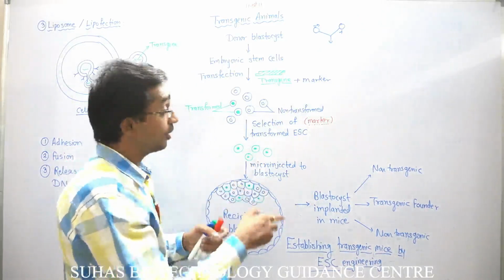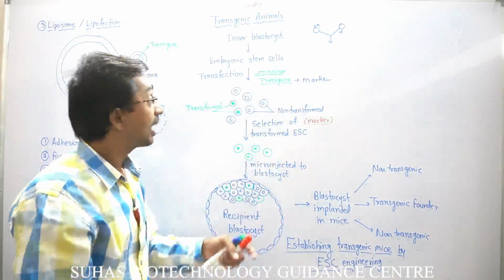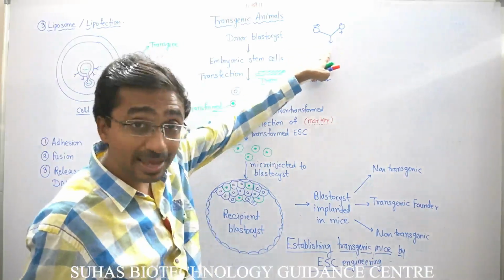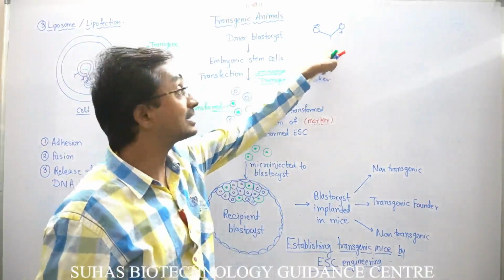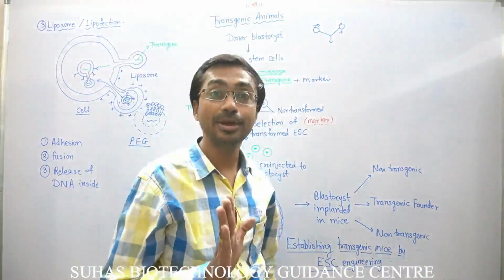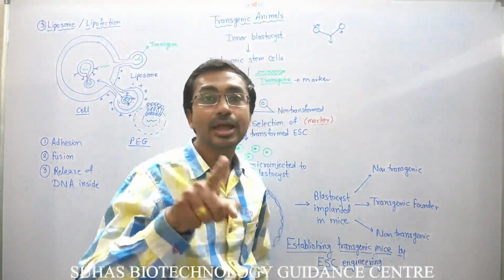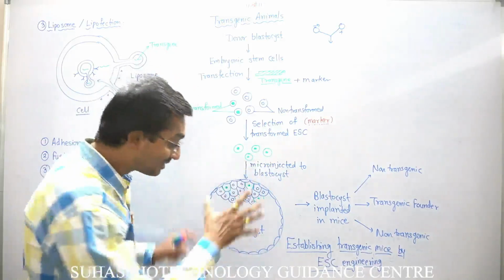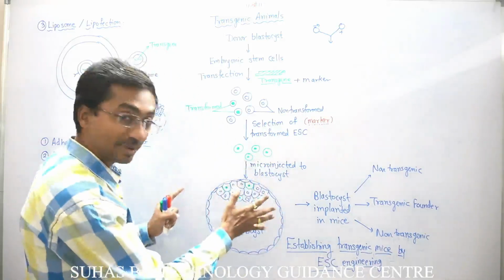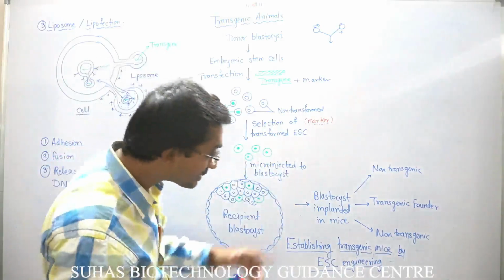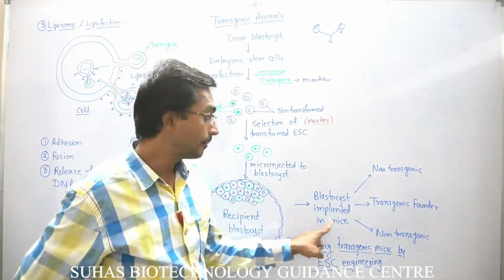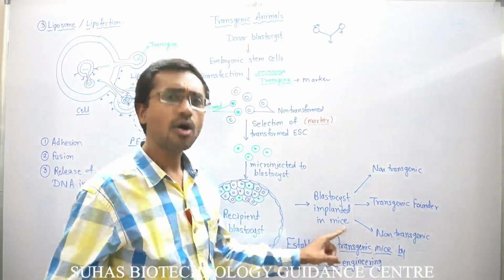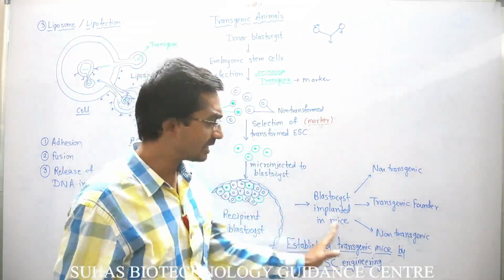Which blastocyst? Another blastocyst. Either in the same female or its relative female, a close relative female, which is also made pregnant. Transformed embryonic stem cells are microinjected back. And such many blastocysts can be formed, and these blastocysts are implanted in mice. Mice or any other animal. We have taken an example of mice.